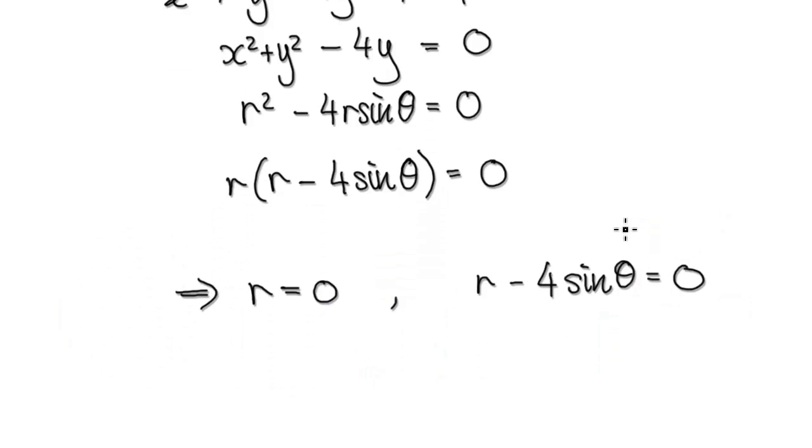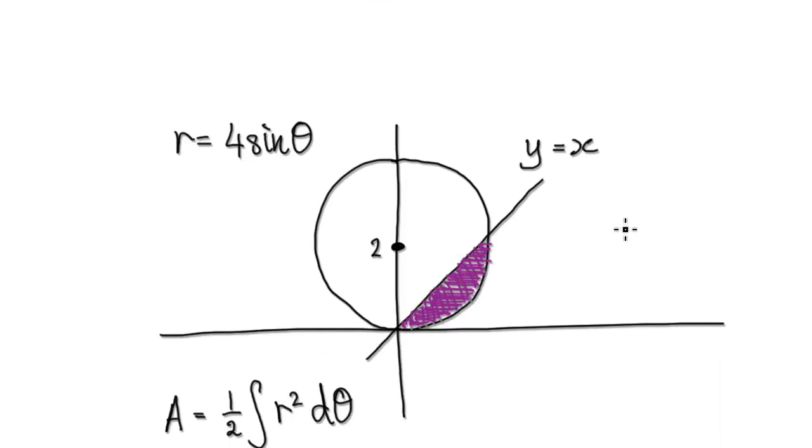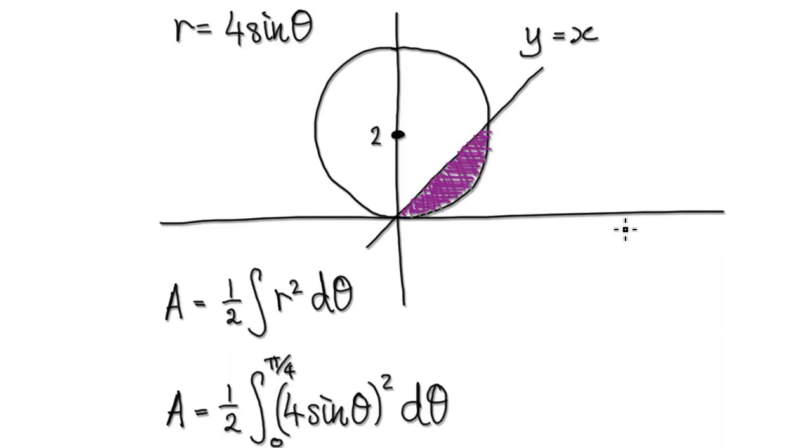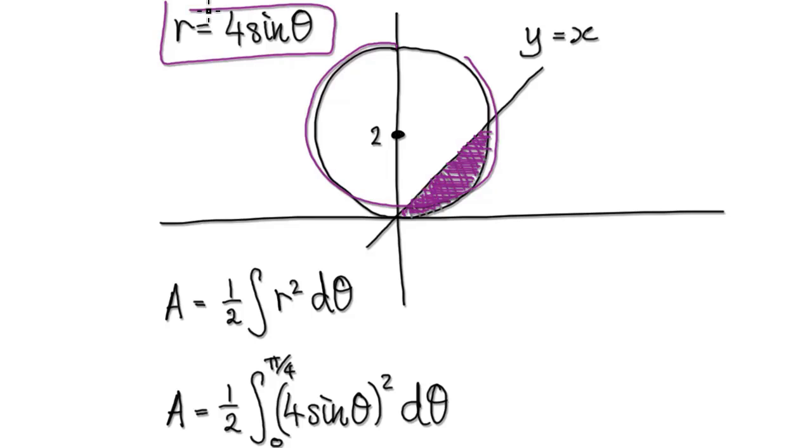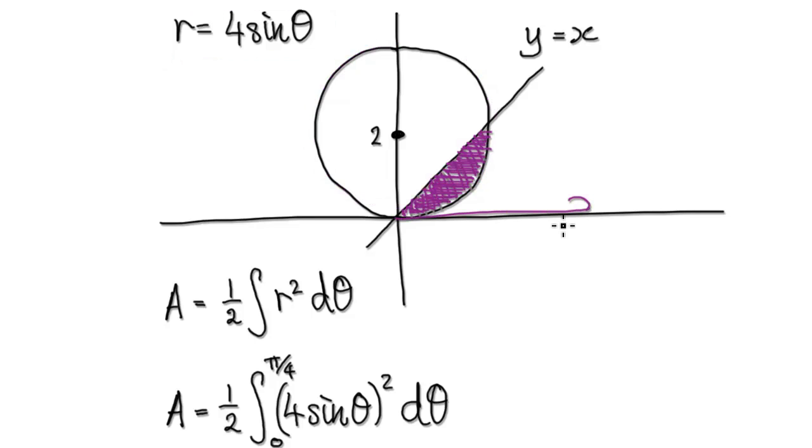So in polar form, this circle is given by this. So what that means is when the angle is 0, the radius will be 0. When the angle is whatever here, when you put it into here, the radius will be this length here.